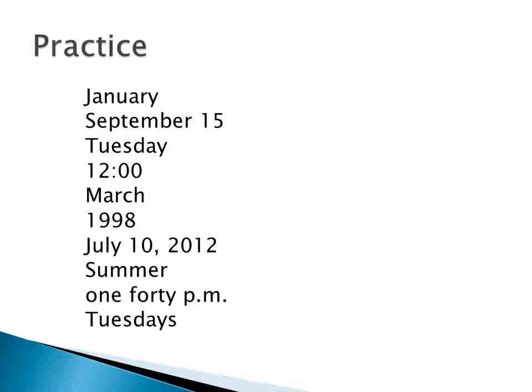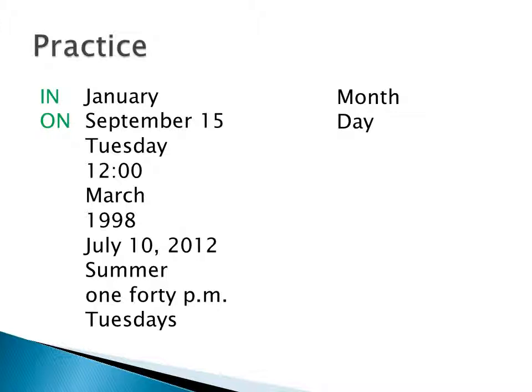Okay, welcome back. Let's start with January. January is a month. So if you look at your diagram from the page before, a month is a long period of time. So I will put in January. September 15 is a day. It's 1 day in the year. So for September 15, I will put on.